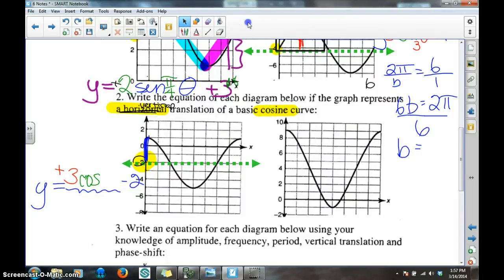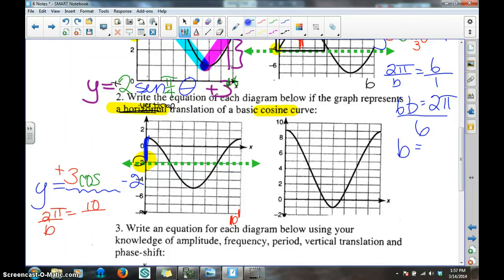Last but not least, and the hardest part of naming the graph, is finding the frequency. This time I'm going to have this value, even though it doesn't count out perfectly, be a value of 10. And once again, I'm going to make a proportion that will always read 2 pi is to b as the first part of your proportion.